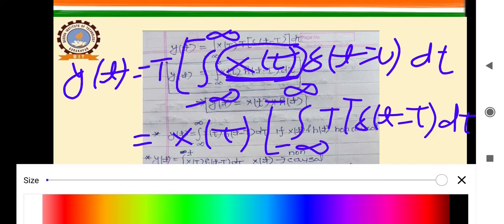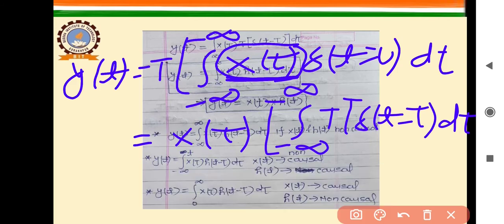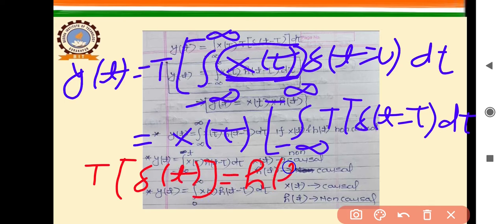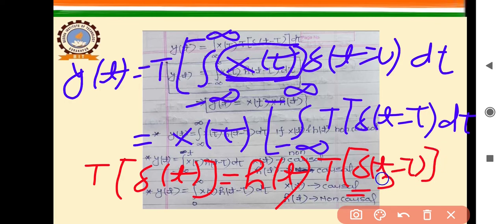If the transformation of delta of t is h of t, then the transformation of delta of t minus tau will be h of t minus tau.